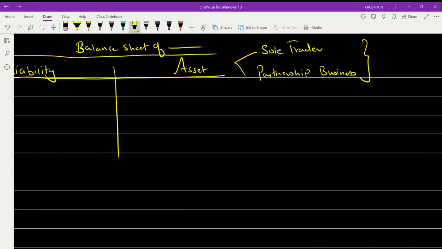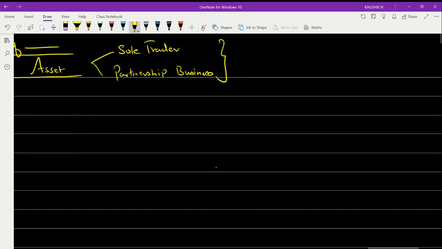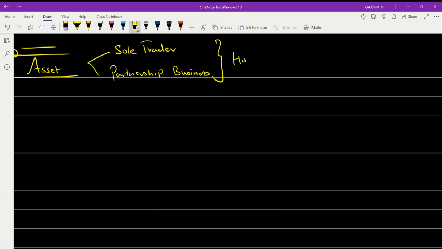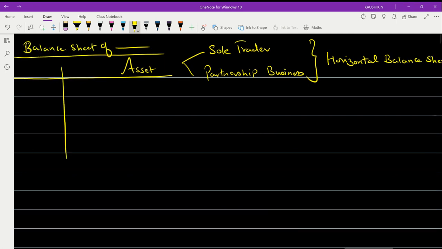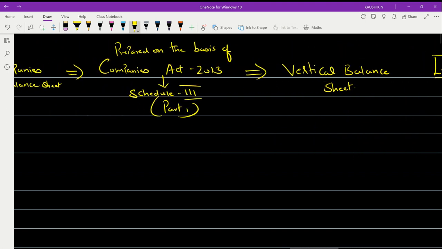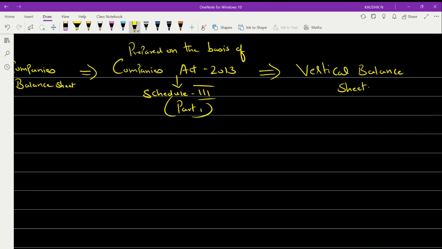Such a balance sheet we call a horizontal balance sheet, whereas the one we are going to see now is called a vertical balance sheet. Am I making sense? Can you understand? Yes, sir.